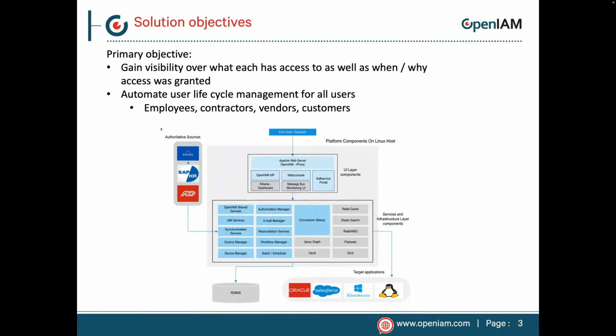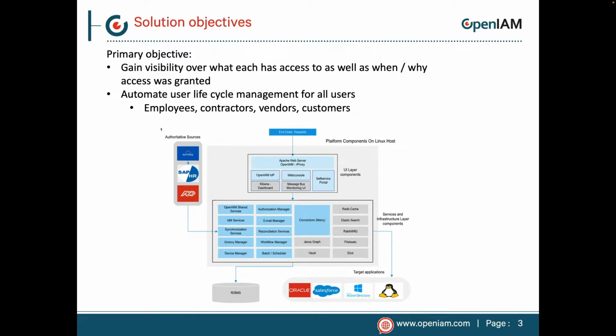When we onboard a new application, and onboarding really means adding an application into OpenIAM, we're trying to do two things. We're trying to gain visibility of what a person has access to today, and then, as the second step, we want to be able to automate this process.